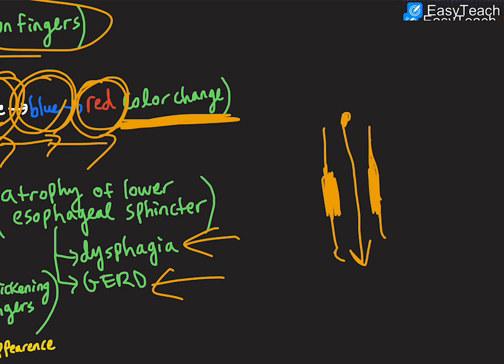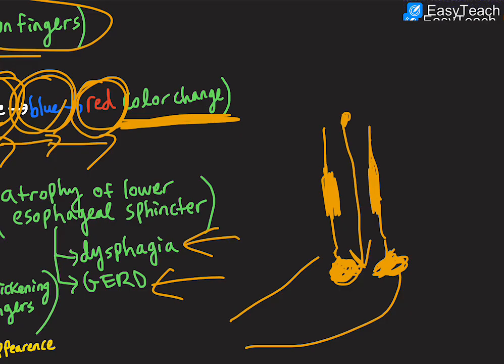So remember, let's say we draw our lower esophageal sphincter right here, and then you have your stomach like this. If your lower esophageal sphincter gets atrophied, it means the size of the muscle gets smaller.